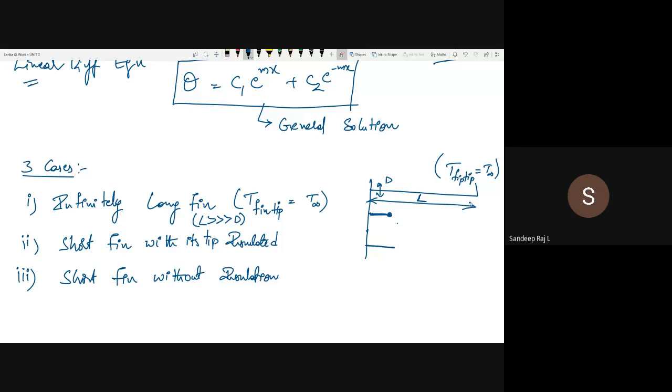This L will be very large compared to your other dimensions. Then you will call it an infinitely long fin. A short fin can be of small size. And in the short fin case itself, you will have two cases again, one with the insulation and one without insulation. So these are the two cases that you are going to have here.